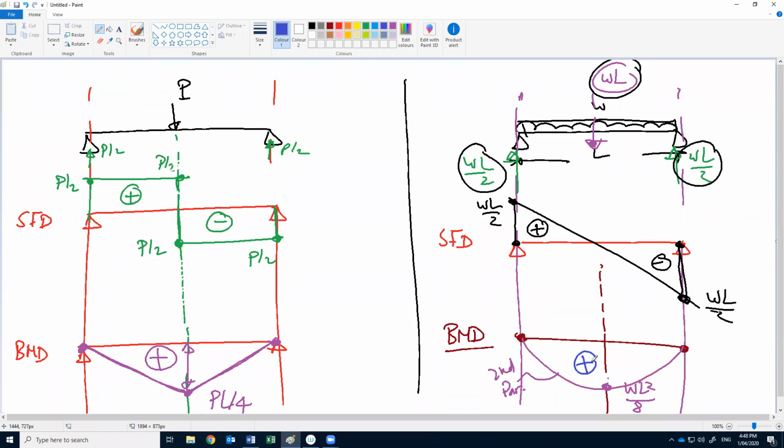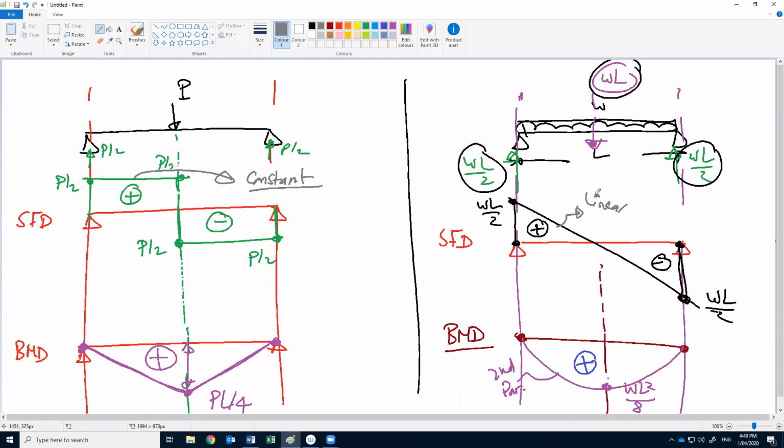What do you notice if we compare between these two cases? Here, if you consider the shear in the case of concentrated load, it is constant. Constant means it is parallel to the datum because there are no forces. Here, the shear has linear variation with the length.